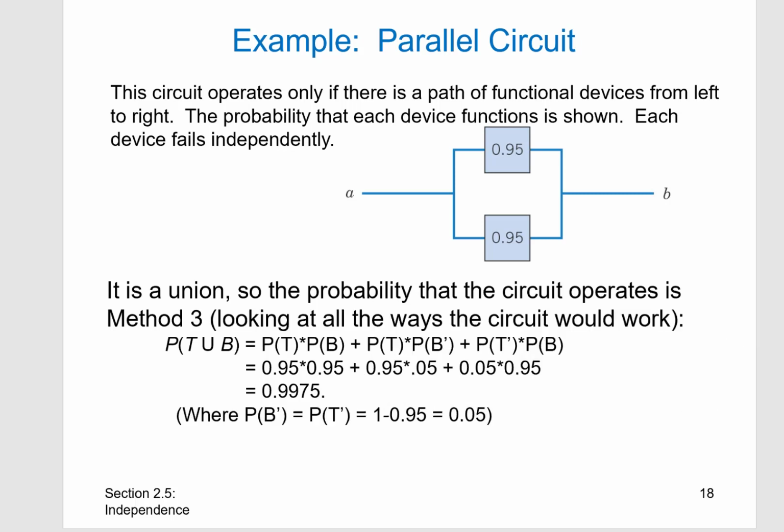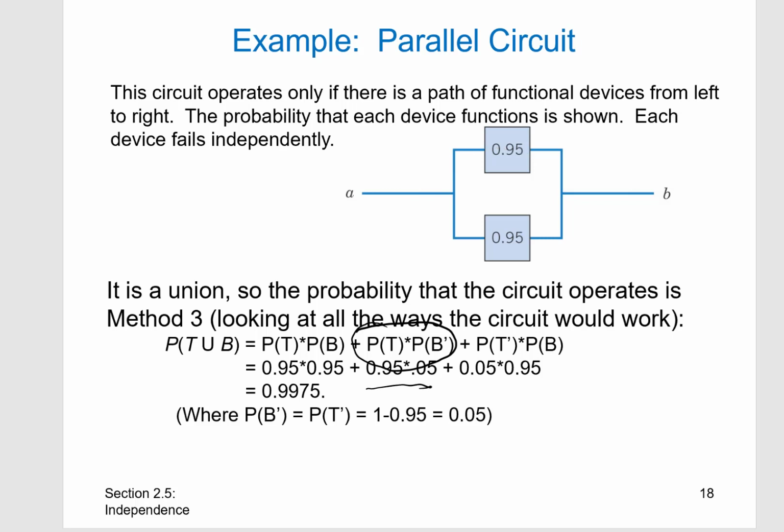Now, a third way to look at this, and this is a little more time consuming, or a little more computation involved, is for this to work, we could say the top working, but the bottom one not, okay? This one right here. So that means the probability of the top 0.95 times 0.05.